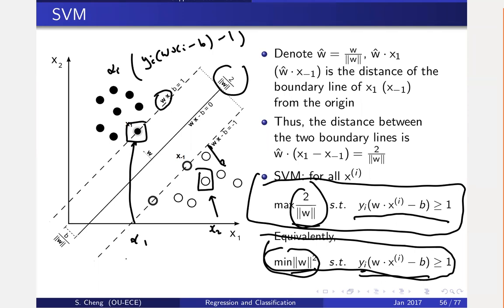One of the alphas is equal to 0, corresponding to alpha 1 and alpha 2. So I give you a hint that one of them will be equal to 0: alpha 1 equal to 0 or alpha 2 equal to 0. Remember that we have the complementary slackness condition saying that this whole thing is equal to 0.